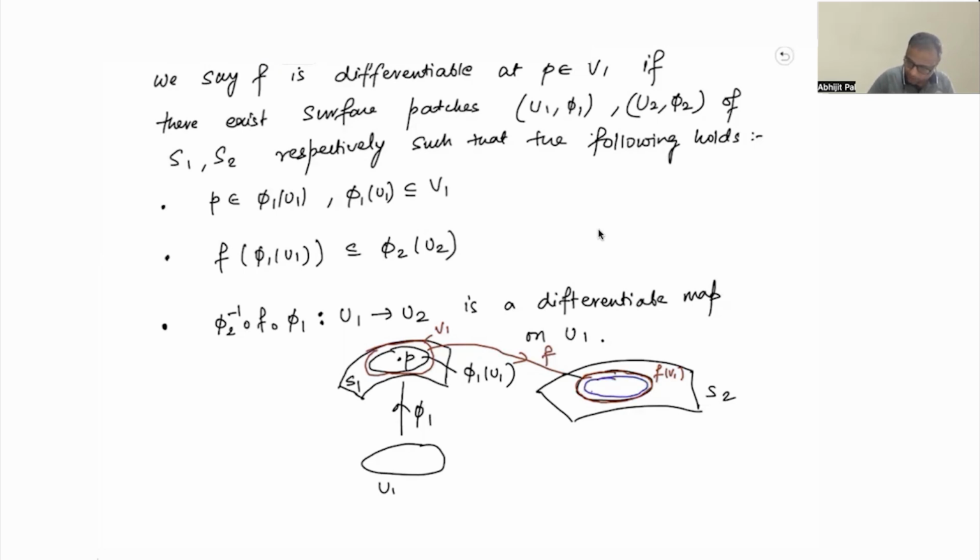So this is phi 2 of u2, and again inside this you have f of phi 1 of u1.